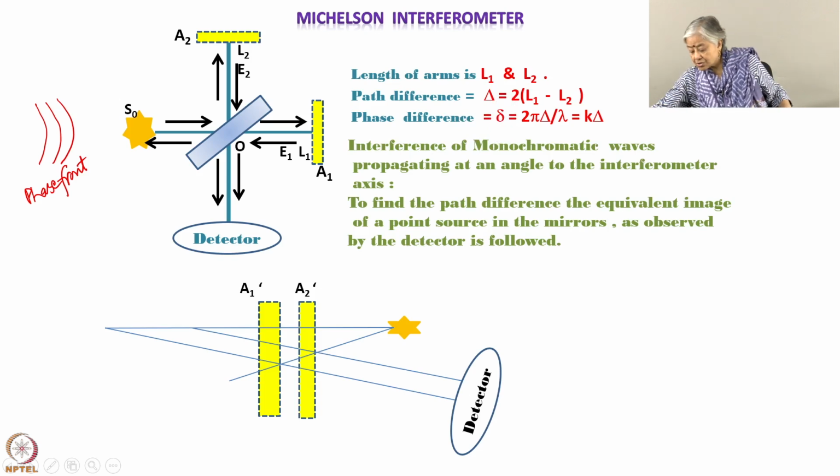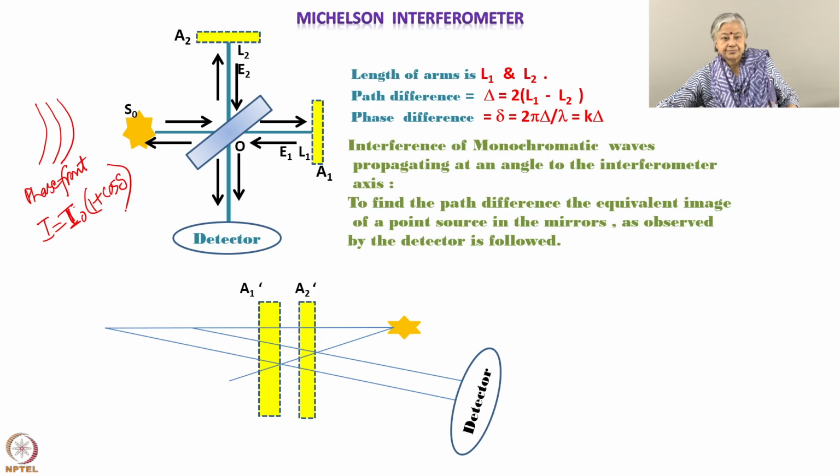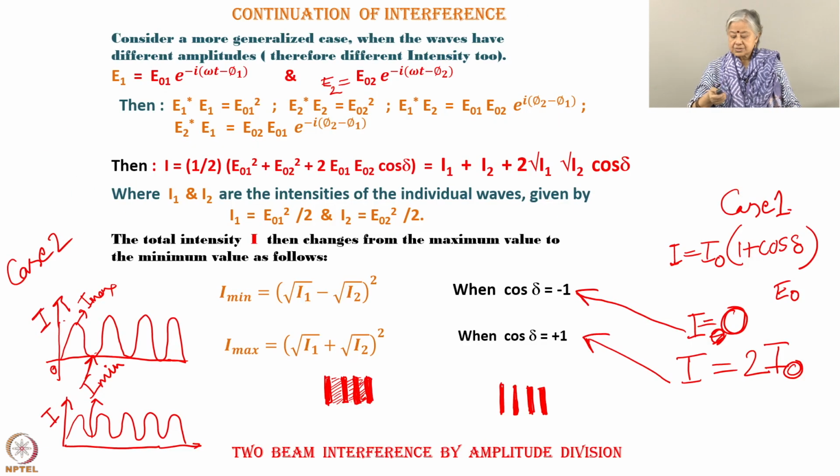Okay. So, if I take the case 1 only, I is equal to I0 into 1 plus cos delta. I have just written this equation back there, so that it is right in front of me.